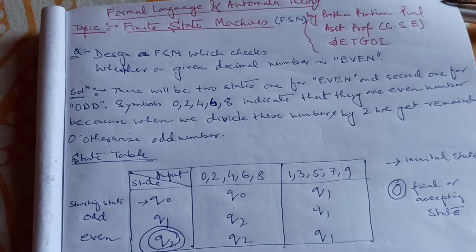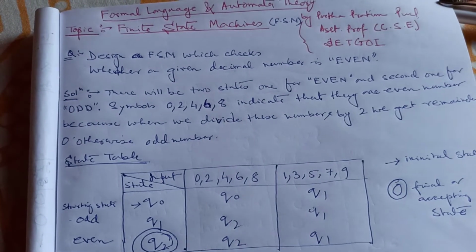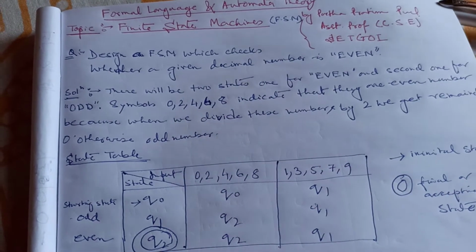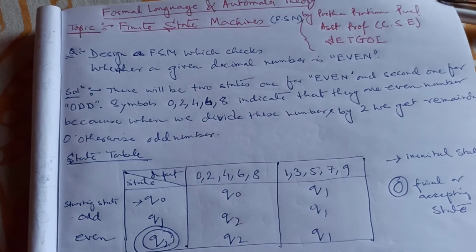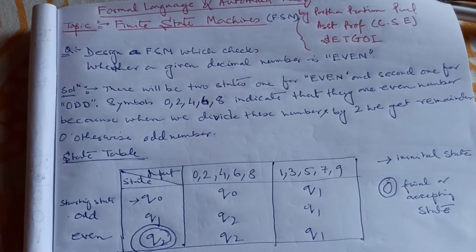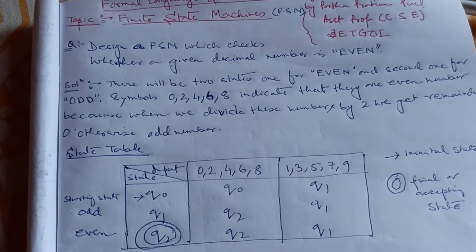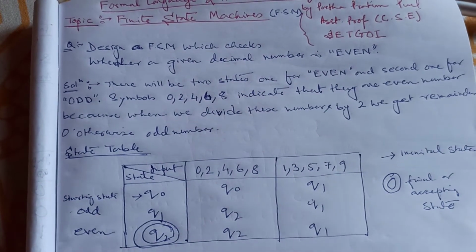Now symbols or digits 0, 2, 4, 6, 8 indicate even numbers, because if we divide these numbers by 2 we get remainder 0, and other numbers like 1, 3, 5, 7, 9 indicate the odd numbers.